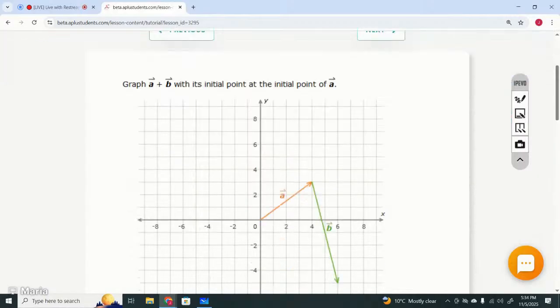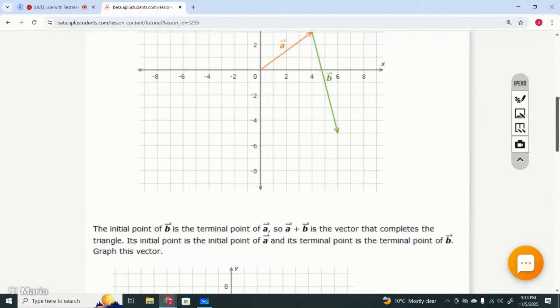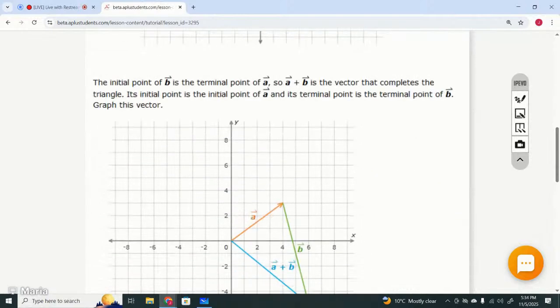Graph A plus B with its initial point at the initial point of A. Okay, the initial point of B is the terminal point of A. So A plus B is the vector that completes the triangle, right?